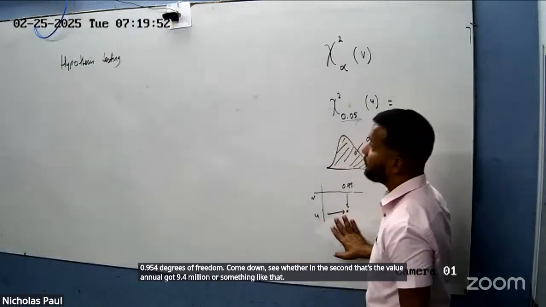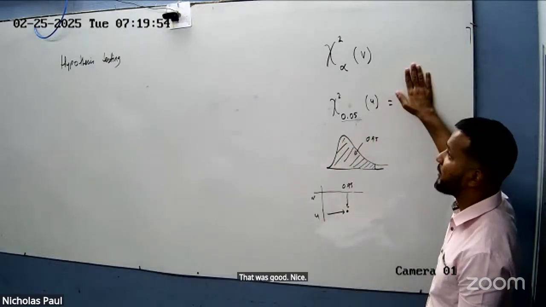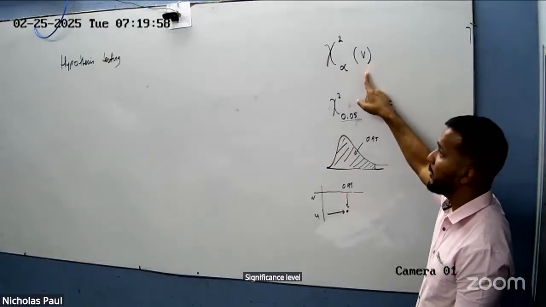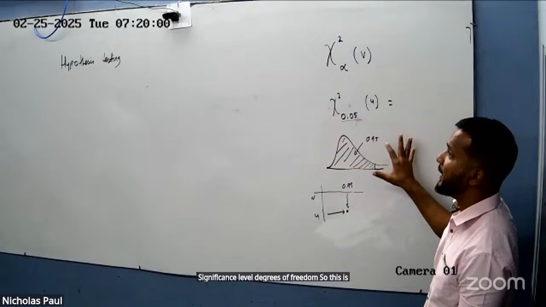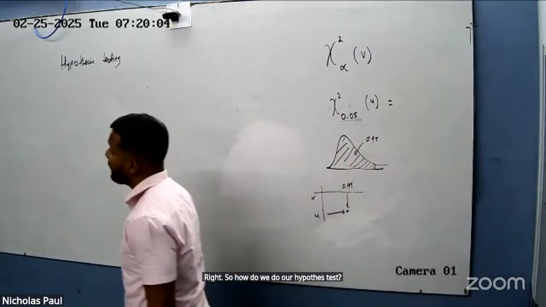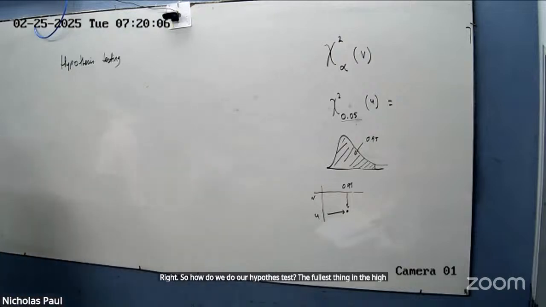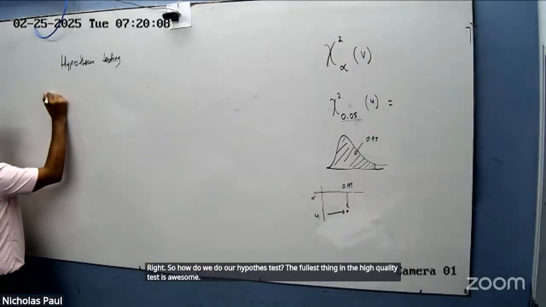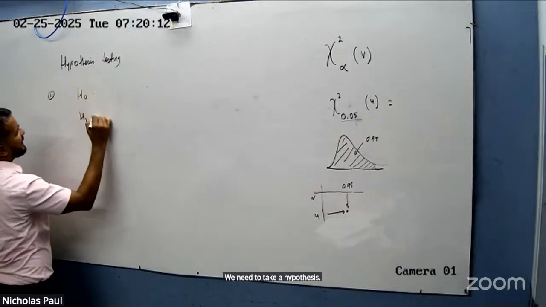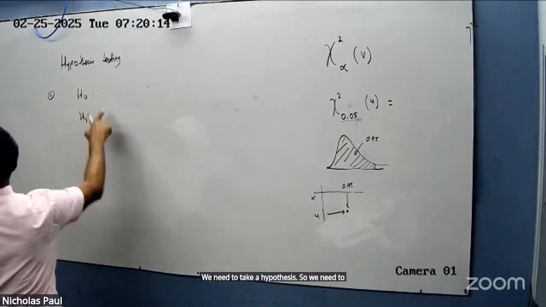That was good. Nice. So once you see chi-squared, you need 2 things: significance level and degrees of freedom. So this is the distribution that we're using today. So how do we do a hypothesis test? The first thing in a hypothesis test is that we need to get hypotheses. So we need to get something to test against.